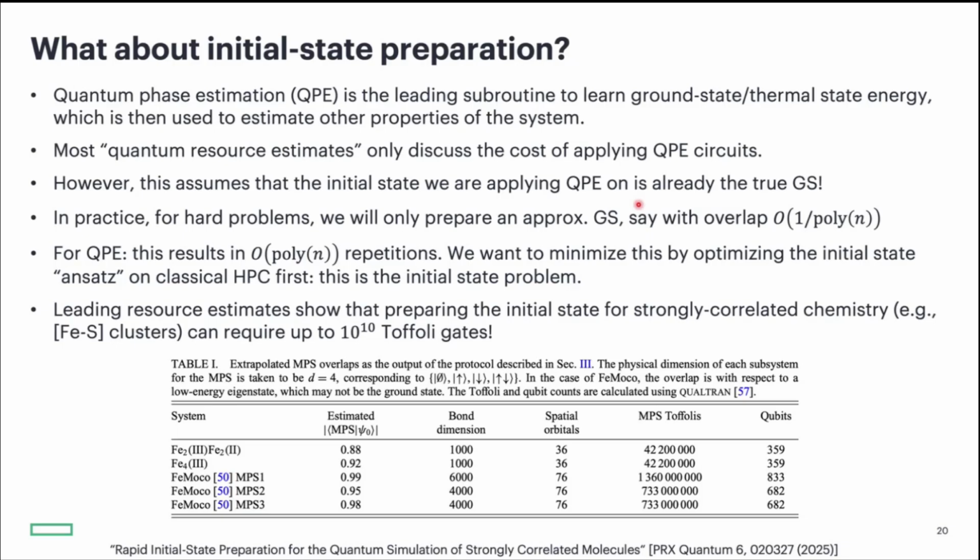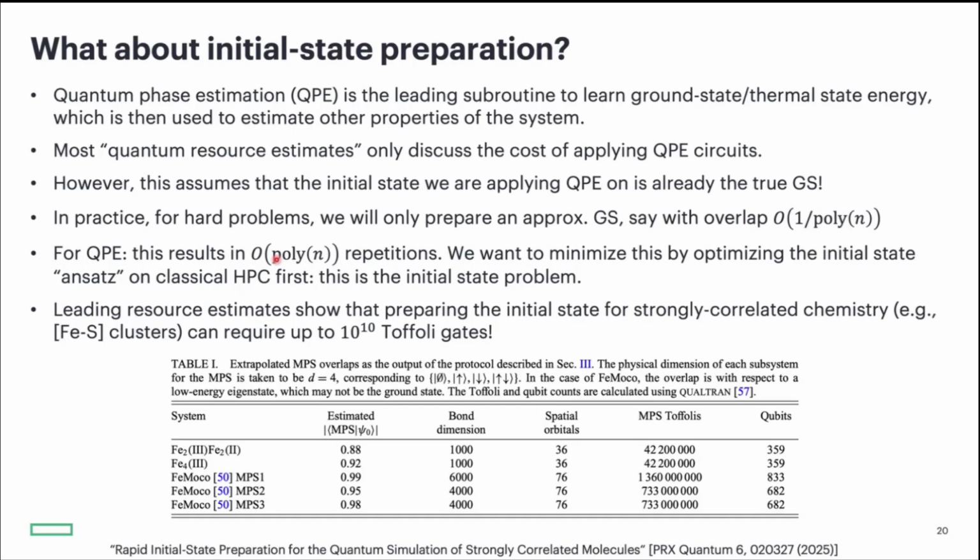You prepare a state that is orthogonal to the ground state, and you just don't get any signal, right? But as long as you prepare something that has some overlap with the ground state, you're guaranteed that if you repeat phase estimation inverse overlap number of times, then you're going to learn the ground state energy. You're going to learn that phase that you're interested in.